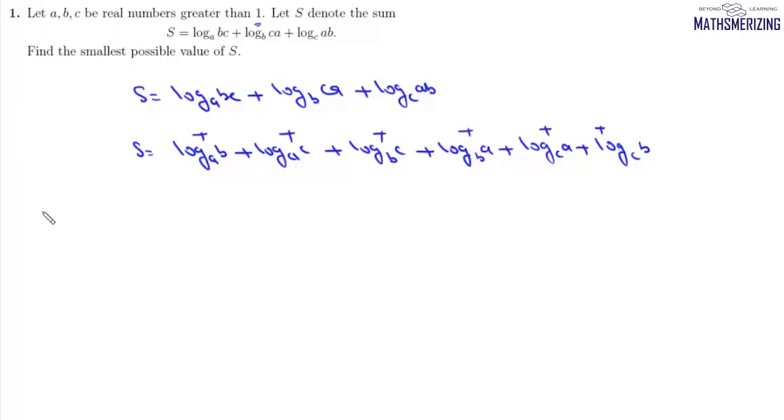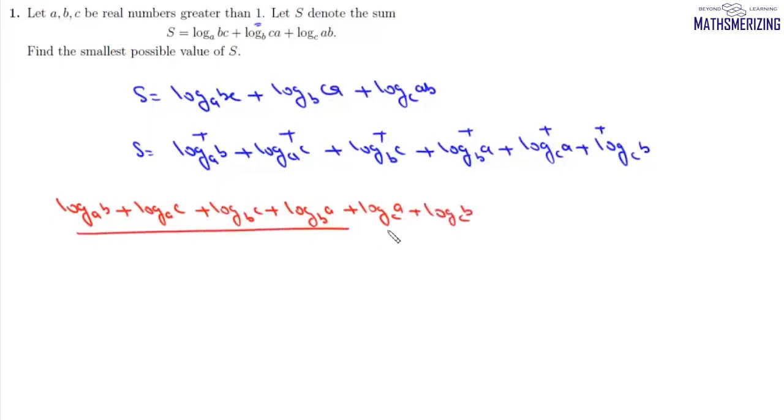So if we take their arithmetic mean, it will be log B base A plus log C base A plus log C base B plus log A base B plus log A base C plus log B base C upon 6.